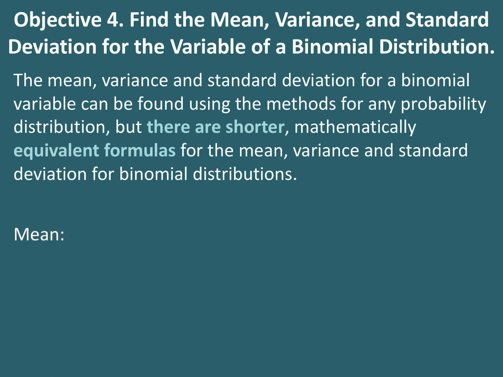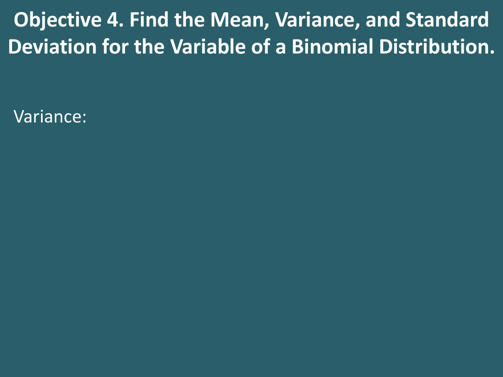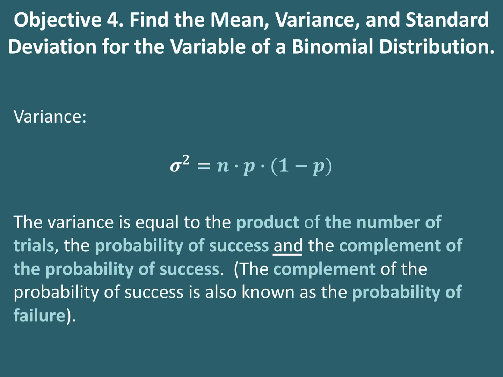First, with the mean. The mean mu is simply going to be n times p. In other words, the number of trials times the probability of success. Next, the variance will simply be n times p times 1 minus p. In other words, the number of trials times the probability of success times the probability of a failure.